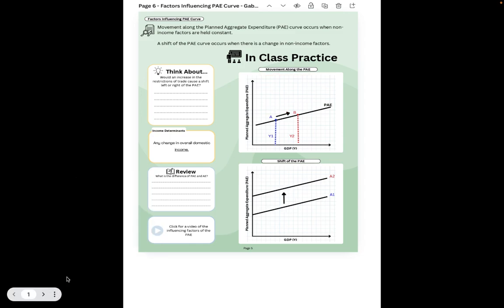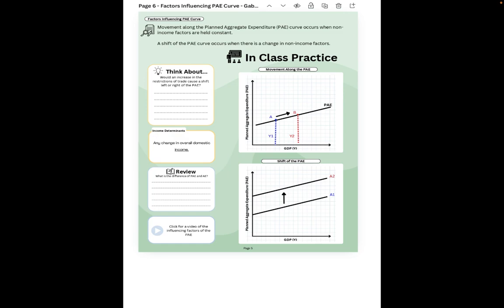Moving on, one thing to think about is, would an increase in the restrictions of trade cause a shift left or right of the PAE? As you all know, PAE is congruent with Y, and Y, in this case GDP, is congruent with consumer spending, government spending, investment, and net exports.